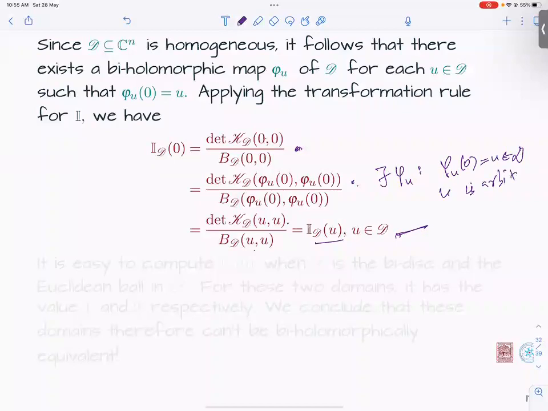So using this, we see that I_D at 0 is the same as I_D at u, where u in D is arbitrary. Okay.